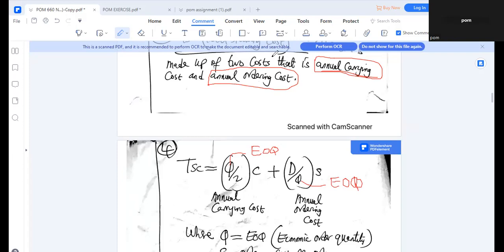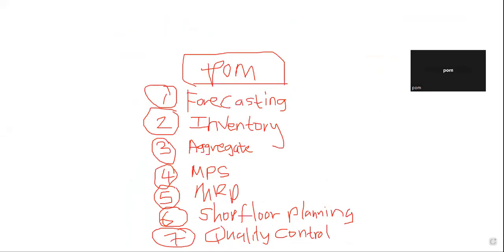Carrying cost simply means the cost that is involved in carrying inventory. You are putting the inventory in the warehouse.